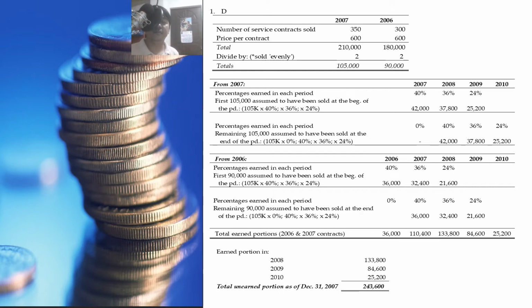Not all TVs with service contracts will be bought in January. For example, there will be January, February, April, October, November, and December. So, we need to average during the year, since the contract is for 1 year, 12 months. We assume that it is purchased evenly.